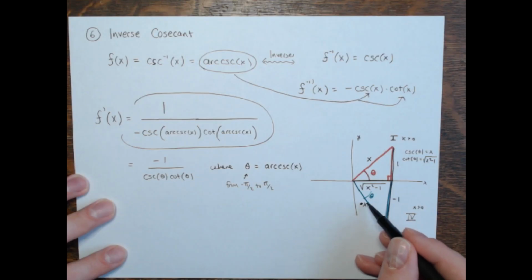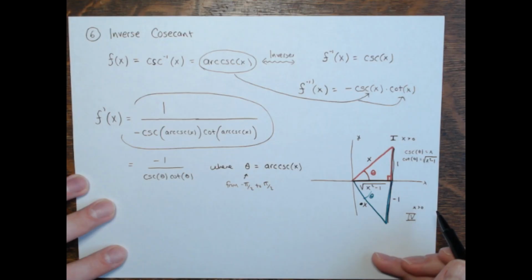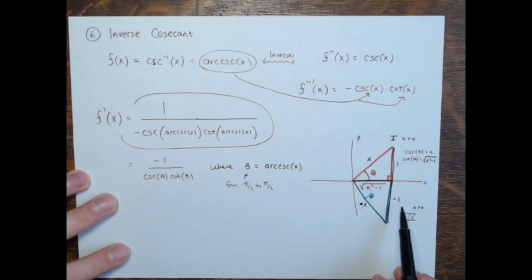So let's still call this x. Yeah, x's are positive, y's are negative though, so this vertical length is -1.